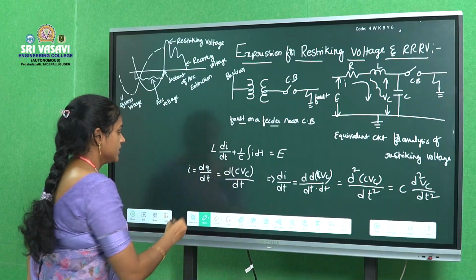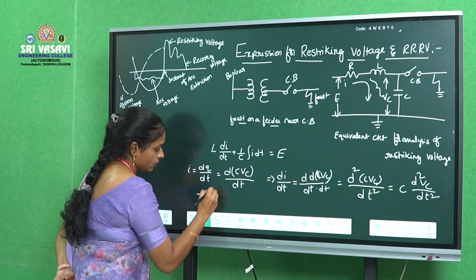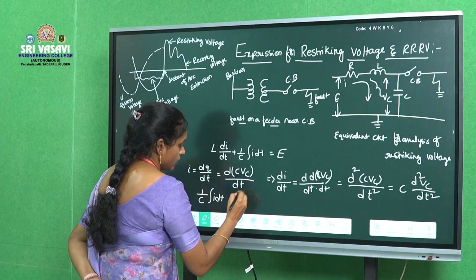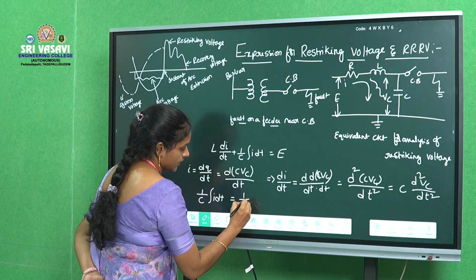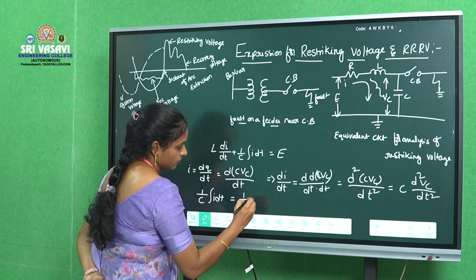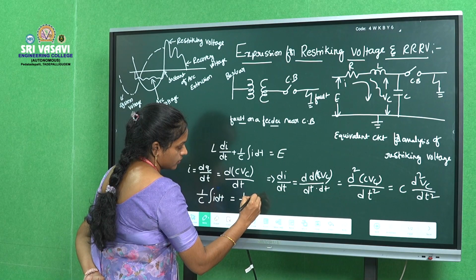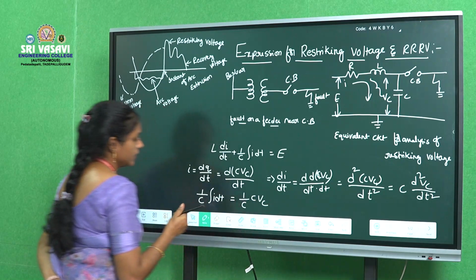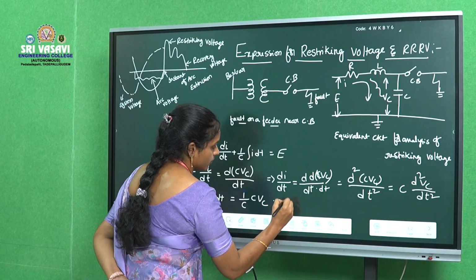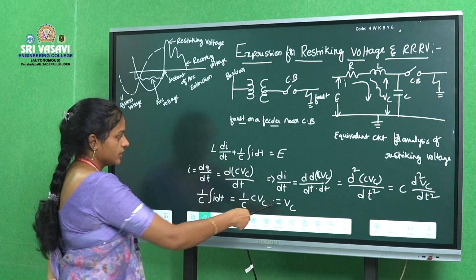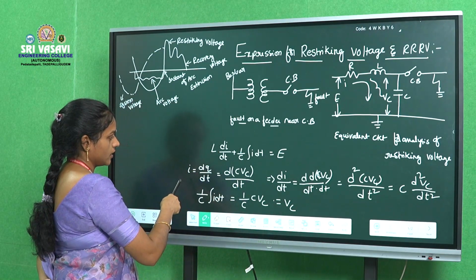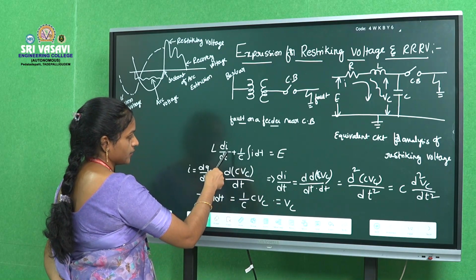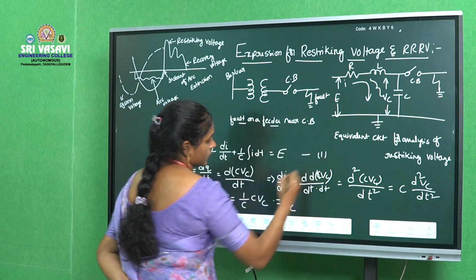And then 1 by C into integral i dt can be written as 1 by C into Q, where integral i dt is Q and Q is C Vc, so this will be Vc. These two expressions, di by dt and 1 by C integral i dt, can be substituted in this equation.